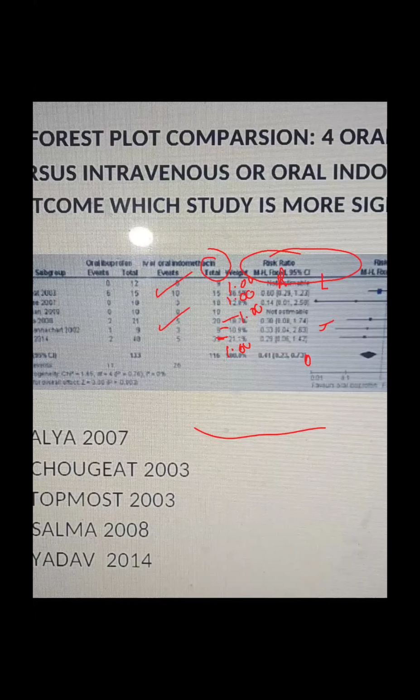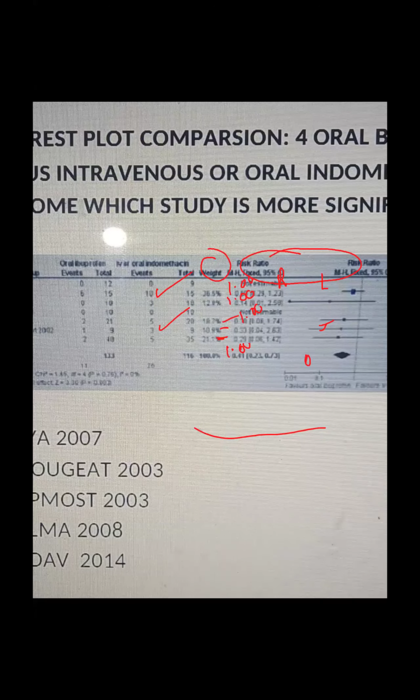So probably, even though they cross this center line, I think either the problem is in the graph, okay? Any study, if it crosses the midline, that means that study will contain 1 in its confidence interval range. So I'm not sure about this.